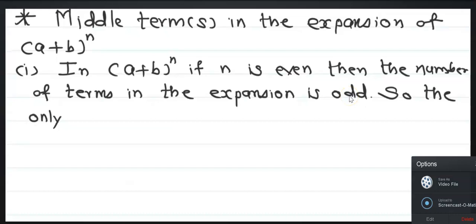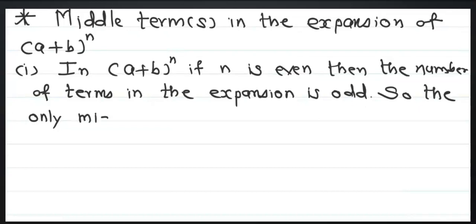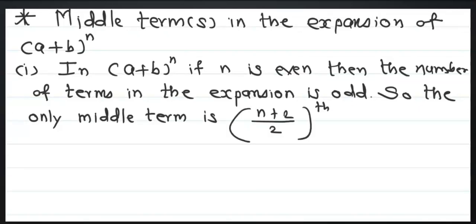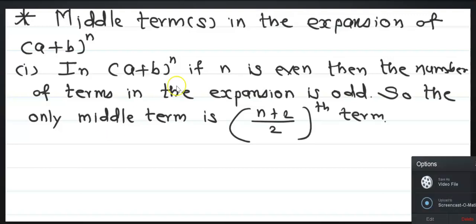Suppose we want to find the middle term, then how do we find it, when the power of (a + b) is even and when it is odd? By using this formula we can find it. Now see this. The middle term is the (n plus 2) upon 2 term. Suppose here (a + b) is raised to n.